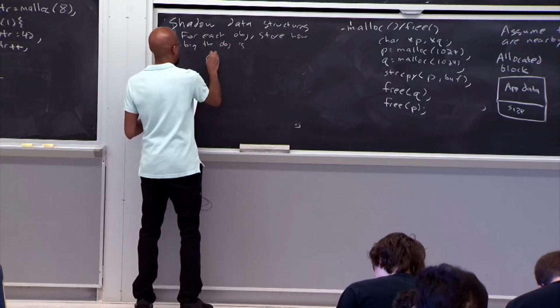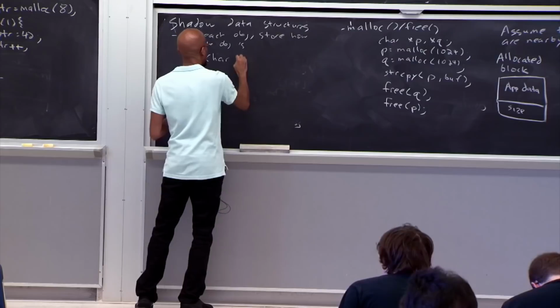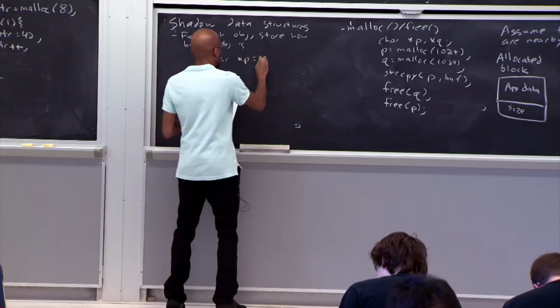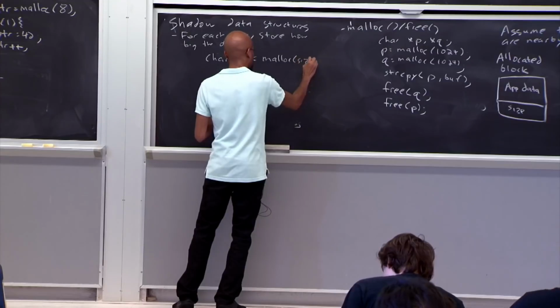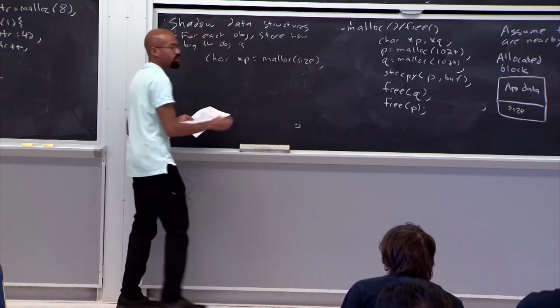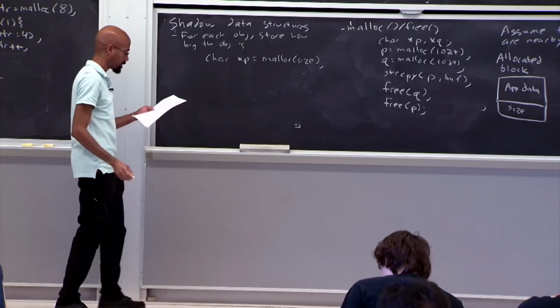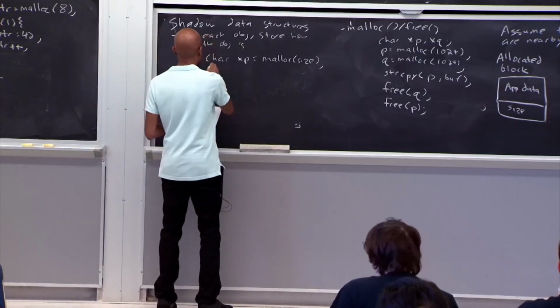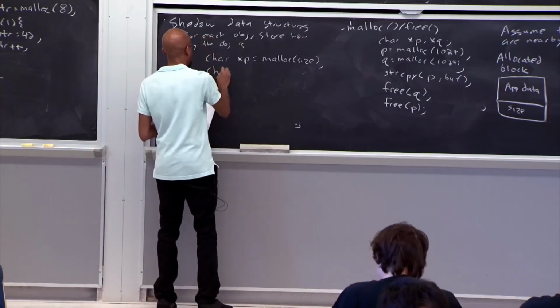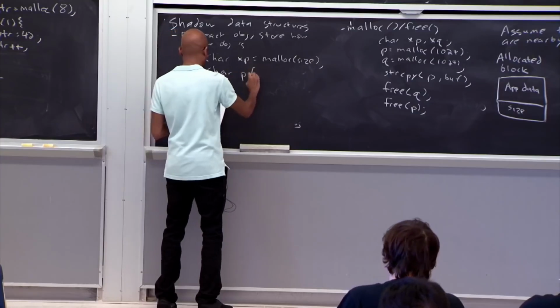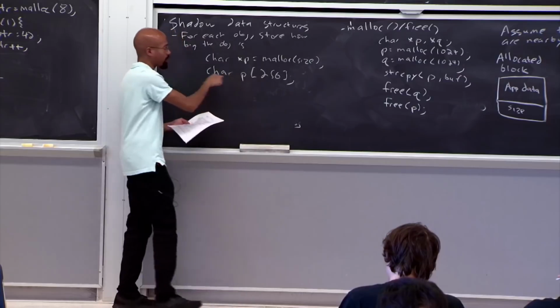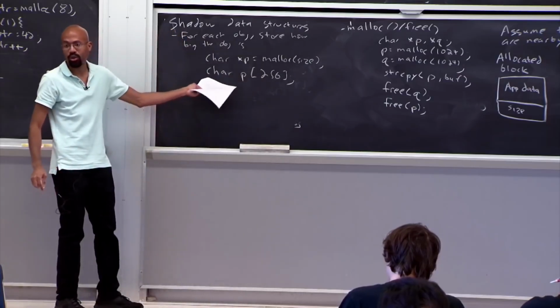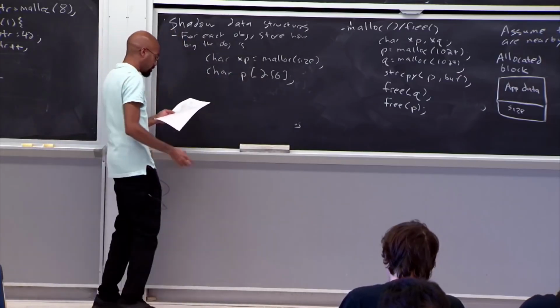For example, if you call malloc on some pointer, you need to store the size of that object there. And note that if you have something like a static variable, the compiler can automatically figure out what the bounds are, statically speaking.